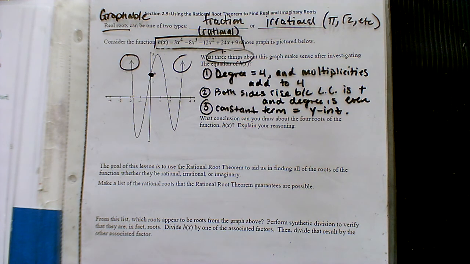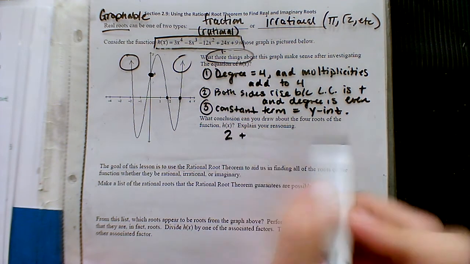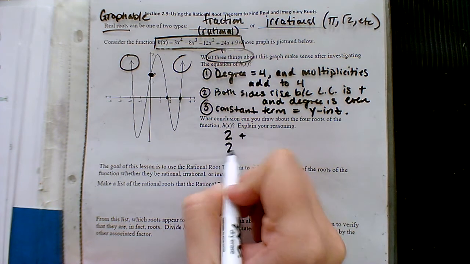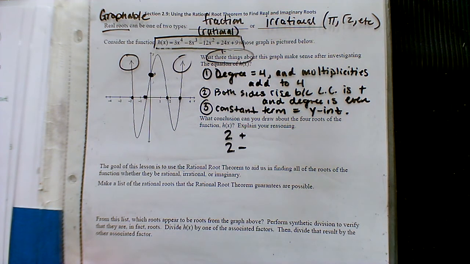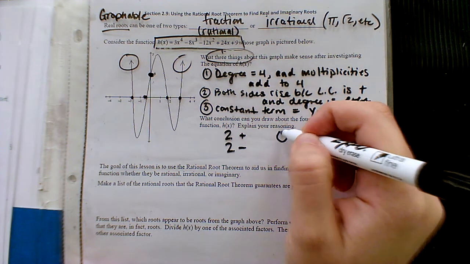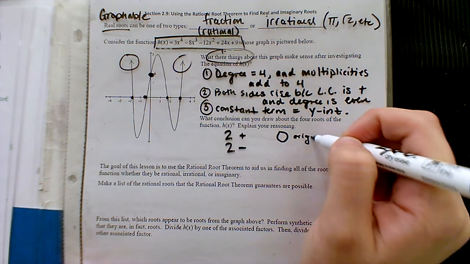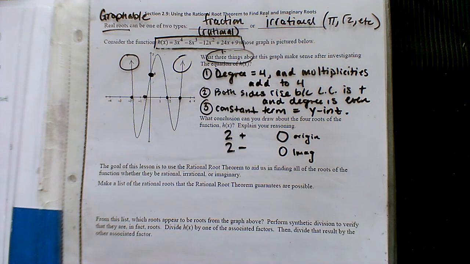How many positive, how many negative, how many 0, how many imaginary? We have 2 positive, 2 negative, 0, even 0 imaginary. All right, so 2 positive, 2 negative. We're already at our max of 4 based on our degree. So we have 0 at the origin and 0 imaginary.